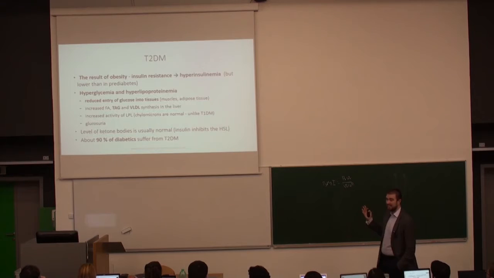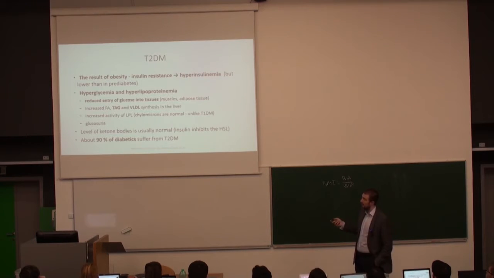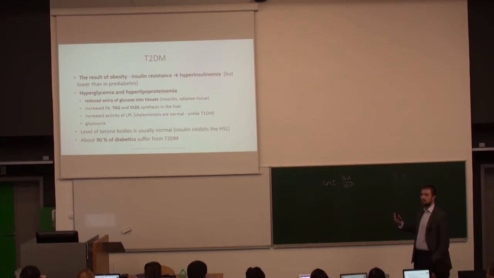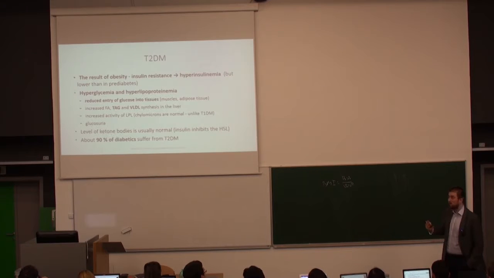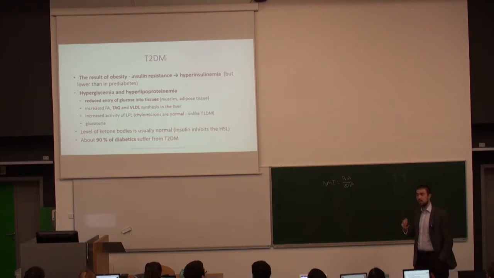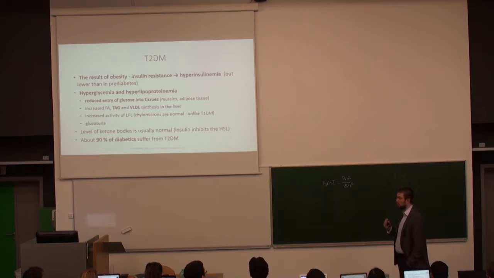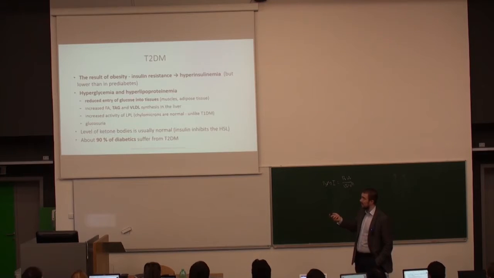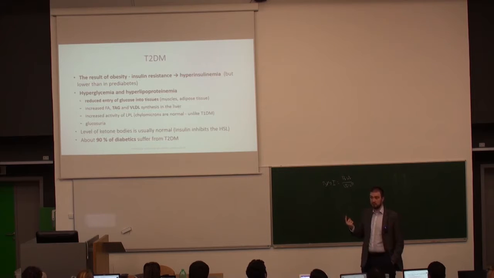So what you will see in the laboratory in these patients is hyperglycemia. That's true, since their cells are resistant to insulin, and therefore they will not take up enough molecules of glucose. Plus, another thing is that they typically have high lipoproteins.